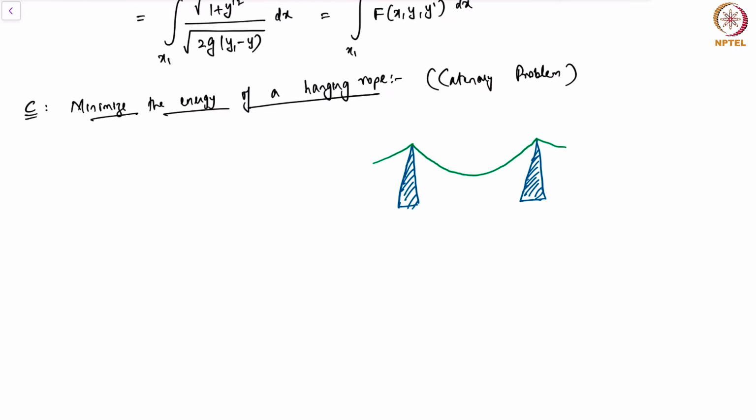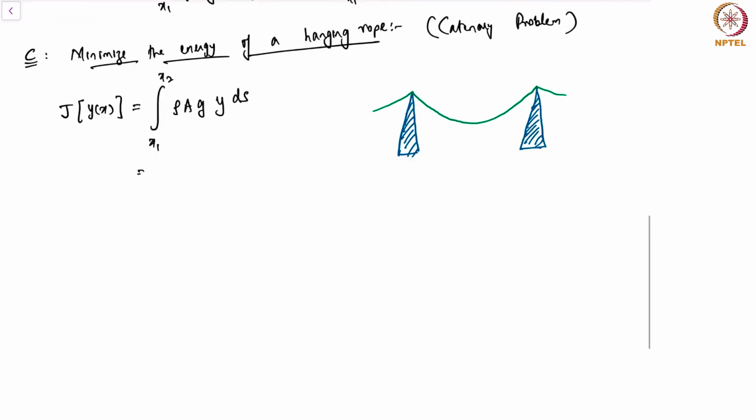Again we could pose it as a minimization problem. Here the rope is going to take a shape such that its potential energy will be minimized. So now we have J, let's call J the potential energy, J of y of x. This would be going from x1 to x2, rho A, where A is the cross-sectional area, g, and the position of the rope, ds.